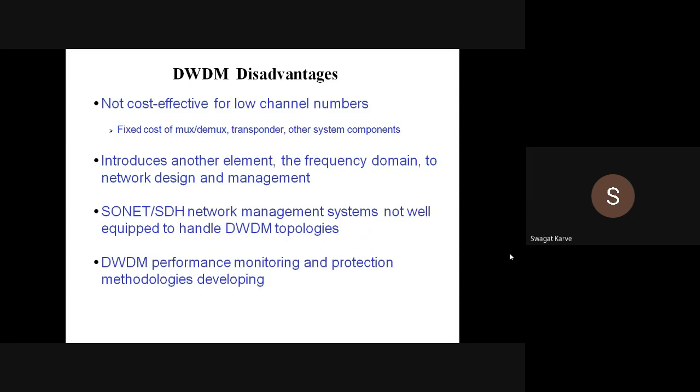And the last disadvantage is that DWDM performance monitoring and protection methodologies are still developing. That means it is very hard to develop this DWDM system so that it can cope with the existing different protocols, for example, SONET, SDH, FDDI, right?